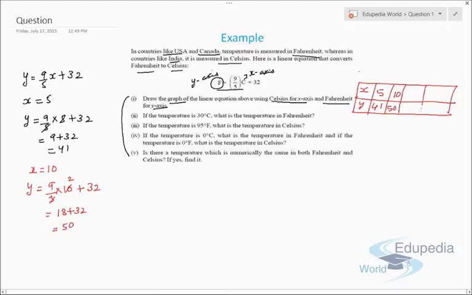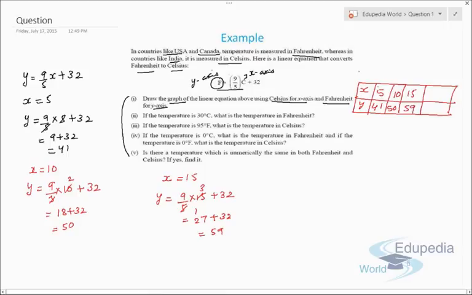Now for the last value we again assume x as 15. So we get y as 9 by 5 into 15 plus 32. So 5 threes are 15, so it will come out to be 9 threes are 27. So 27 plus 32, the value will come out to be 59. Now we assume x as 15, the y value is 59.